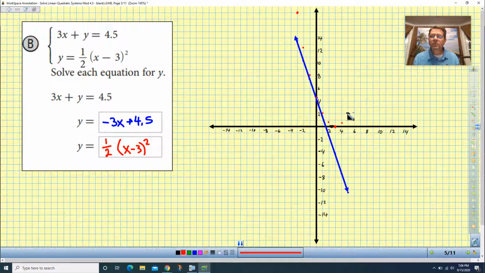5, 2. 6 is 4.5. 7 is 8. 8 is 12.5. And 9 is 18. Now, there's a whole bunch of points because we're trying to be as careful as we can, to be as accurate as we can on this situation.